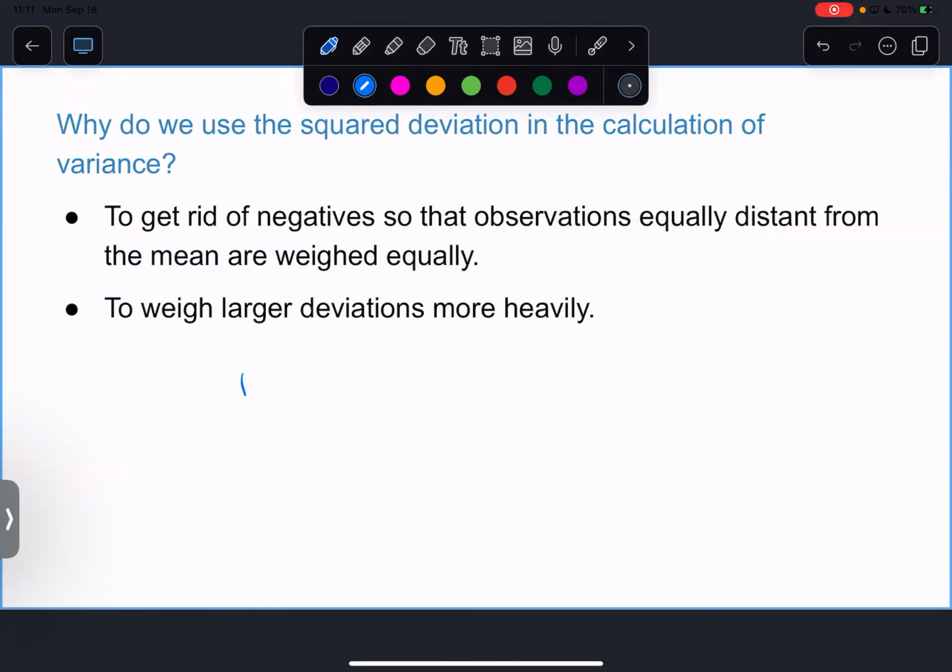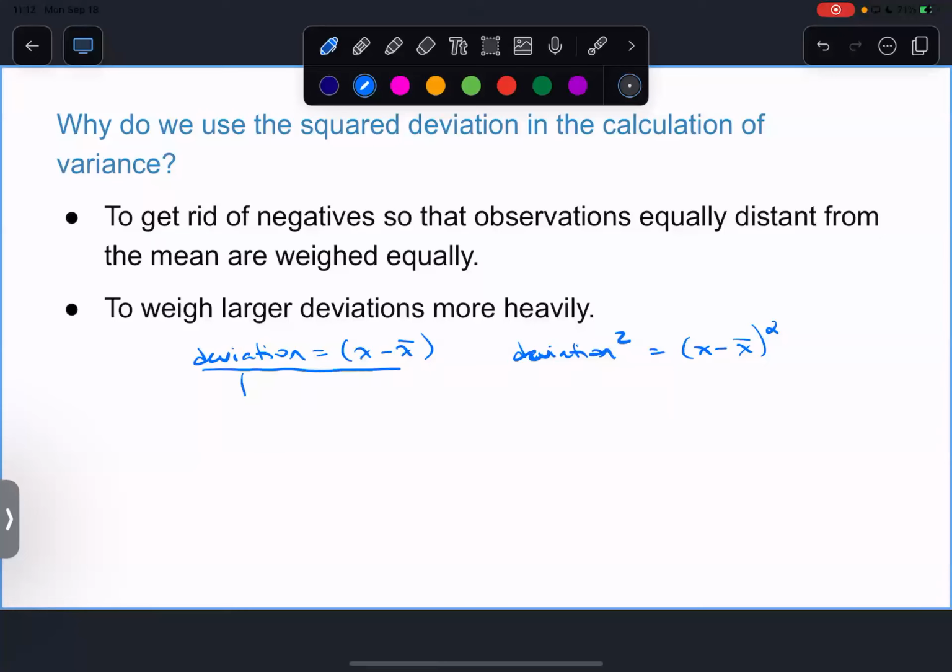If the deviation, the deviation being x minus x bar, is 1, meaning the observation is 1 unit above the mean, then the squared deviation, which is x minus x bar squared, which is what we're doing, becomes what?